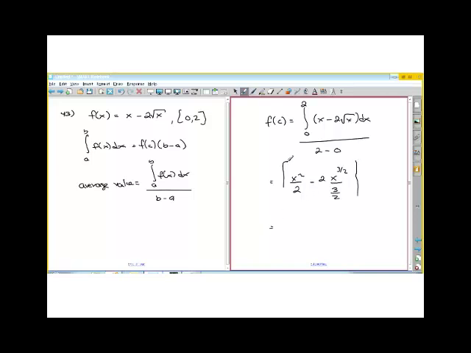And then we evaluate that between x equals 0 and x equals 2. Since this is a polynomial, the lower limit just is 0, so you don't even have to write it out at this point. So we'll have 2 squared over 2 minus 2 divided by 3/2.